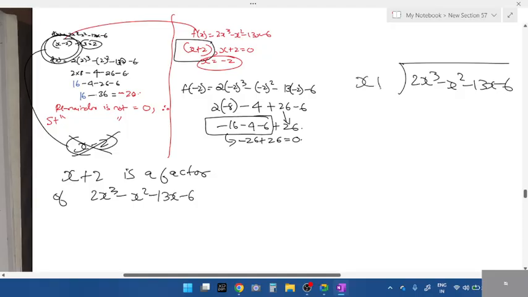You're supposed to take x plus 2 and divide. It goes 2x square times, right? Then how many times? All of you will respond what you got, students.